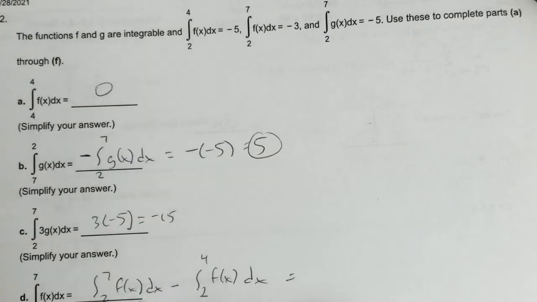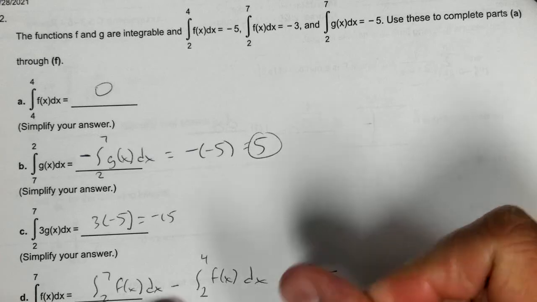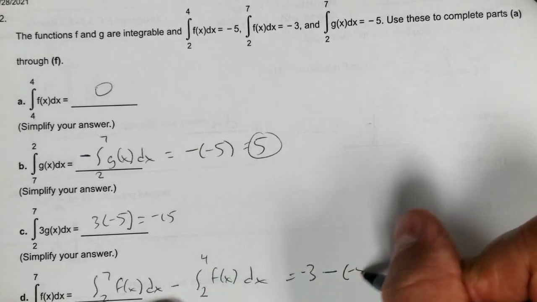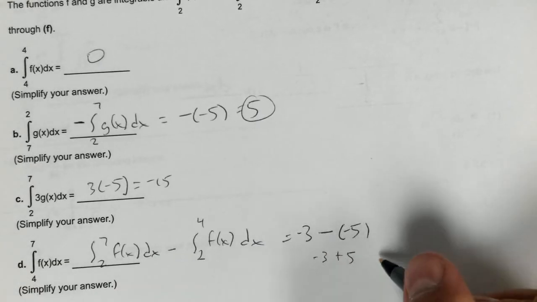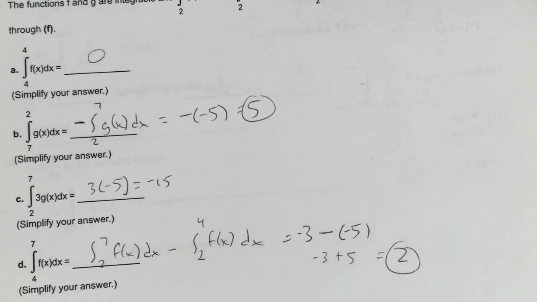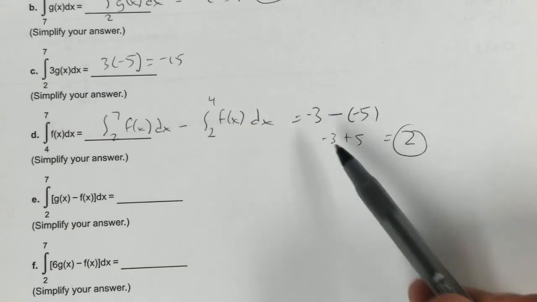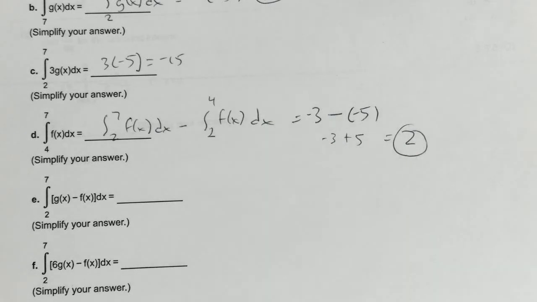The 2 to 7 was negative 3, minus the 2 to 4 was negative 5. So that'd be really negative 3 plus 5. And so you get 2.